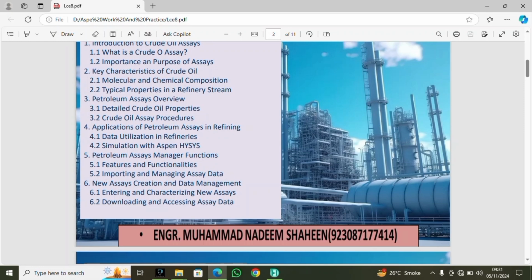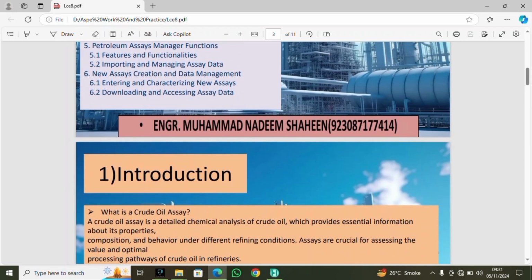Sixth is new assays creation and data management in ASPEN HYSYS, entering and characterizing new assays, and finally downloading and accessing assays data.